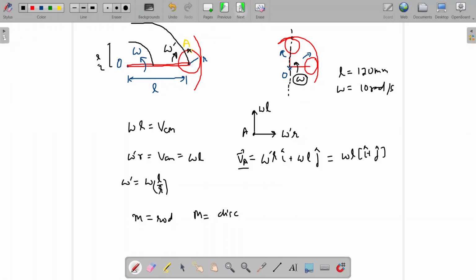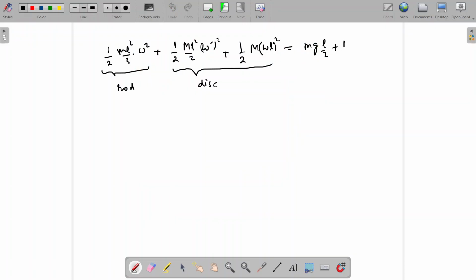So it's going to rise by height L. So we will write MgL. This is the gain in potential energy, and this whole term is the loss in kinetic energy.